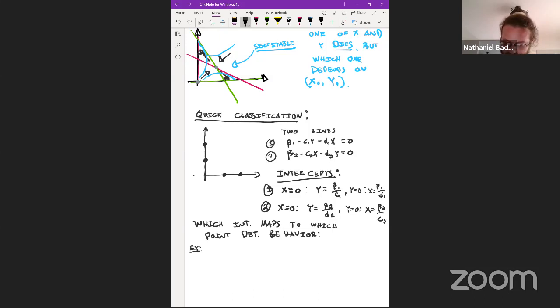So if we have that beta 1 over C1 is greater than beta 2 over C2, and so I'll drop a little picture over here. So what this practically means is that the x-intercept is to the right of the y-intercept.